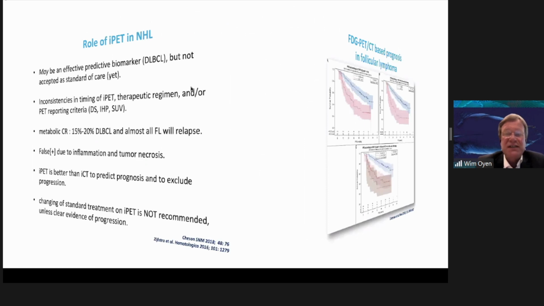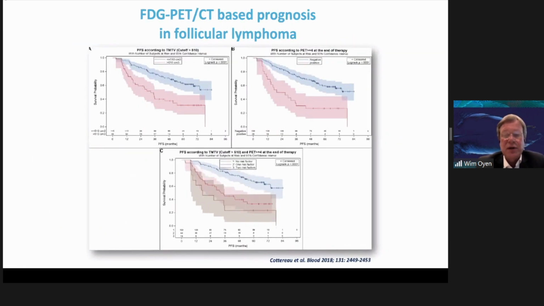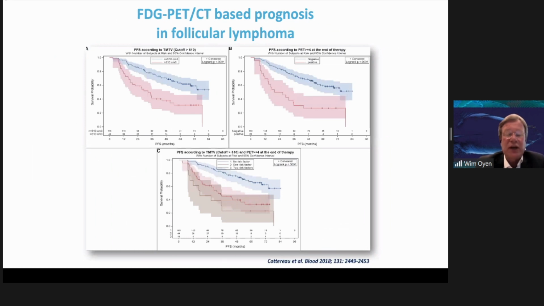Looking at more fancy parameters beyond the visual scoring by Deauville, you can look at SUVs, or you can look at the metabolic tumor volume. And this is what this French group did. They were able to show that if you look at the risk factor metabolic tumor volume, the patients with a higher tumor load do worse, which is as expected.